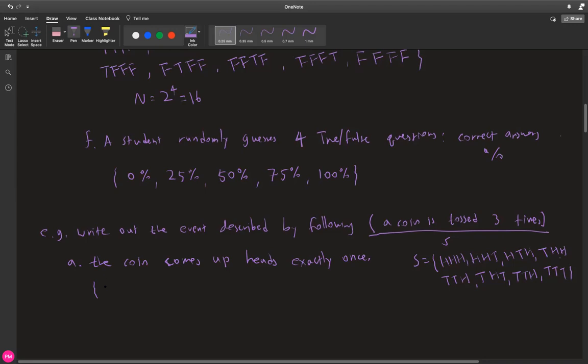So we can look at head, tail, tail, and tail, heads, tail, and tail, tail, heads. There's no tail, tail, tail, because that's really all we're looking at. So that is what problem A is asking for.